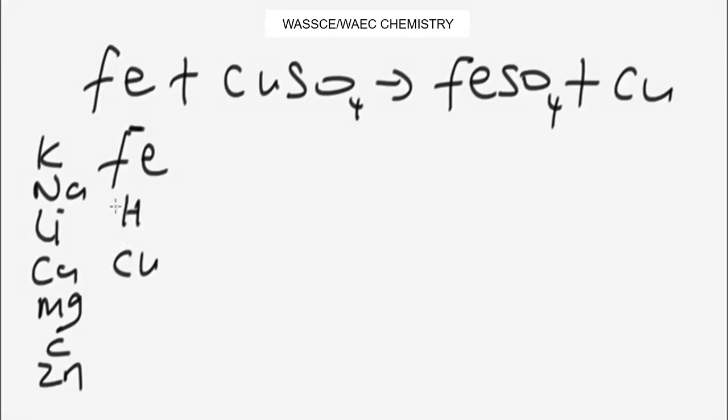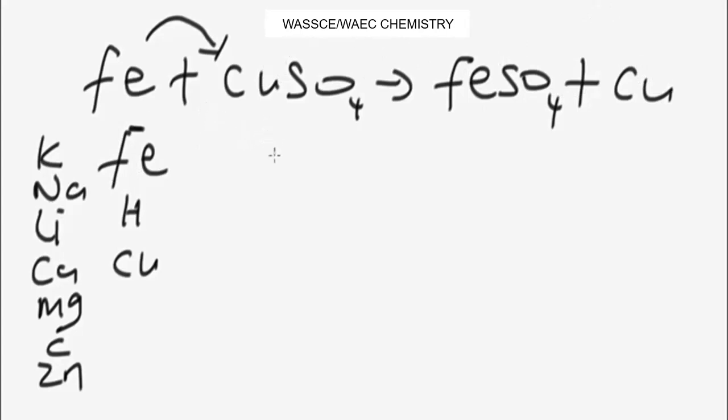Now, in displacement reaction, a more reactive metal will displace a less reactive metal from its compound. So in this reaction above, iron is more reactive than copper. So iron will be able to displace the copper we have here. That's why we now have iron sulfate, and the copper atom is displaced.